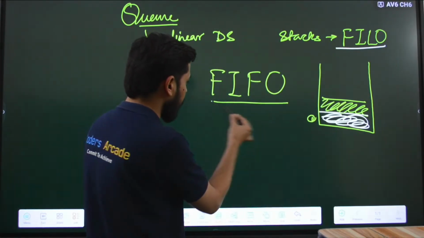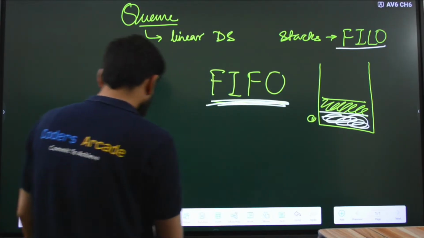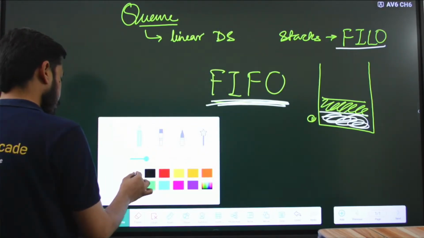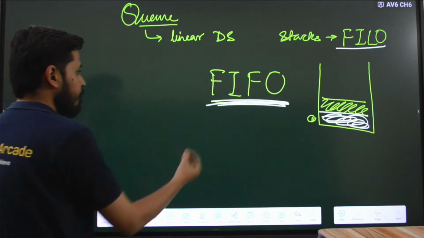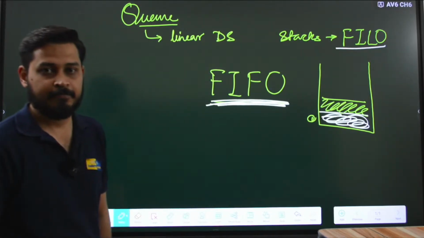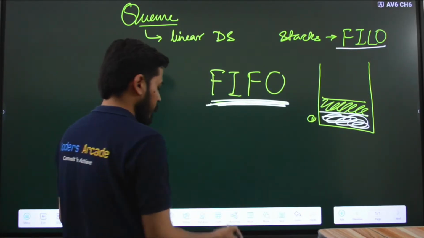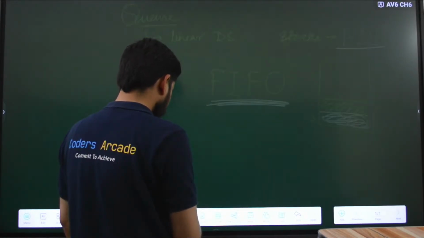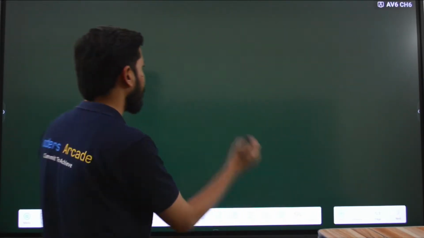But in today's concept we are going to talk about the concept of first in, first out, basically. So what exactly is first in, first out? Unlike the stack data structure, where the element is placed at the very end or the bottommost area of the stack, which is closed from beneath so it gets stuck down there, a queue is open from both the sides.